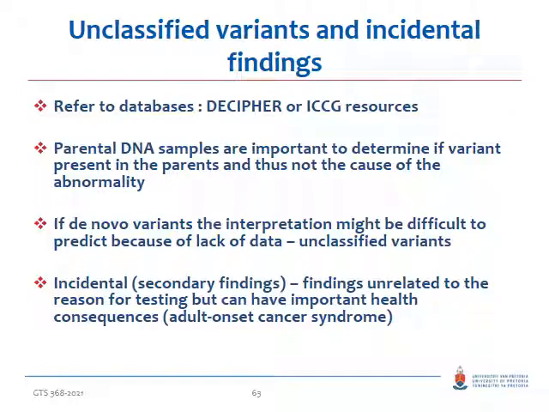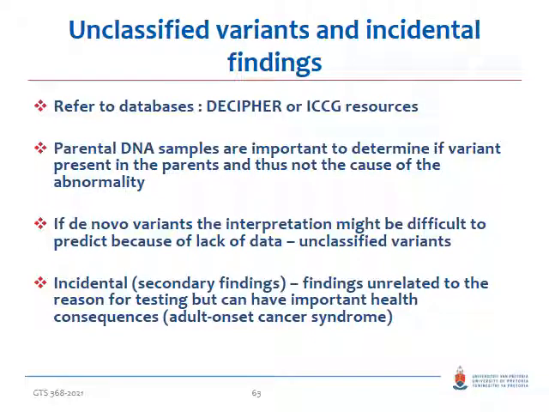Very often you get unclassified variants and incidental findings, and we luckily can refer to databases. It's always important to do parental samples to see if the variant is present in the parents, because if it's in the parent and the parent is normal, it might not be the cause of the abnormality.